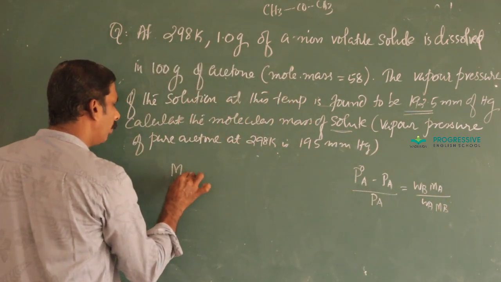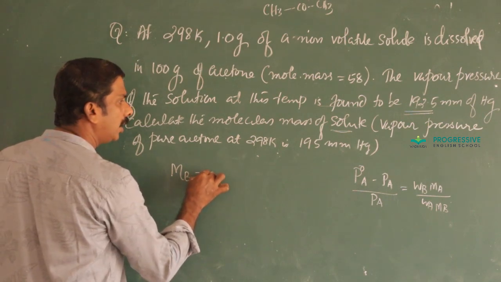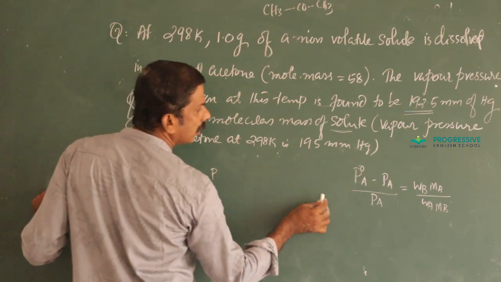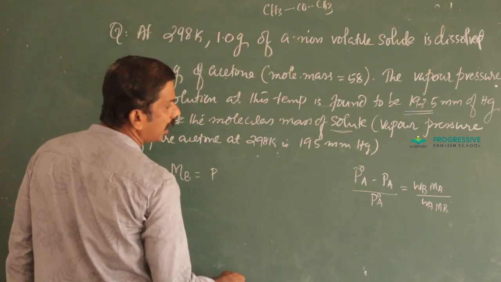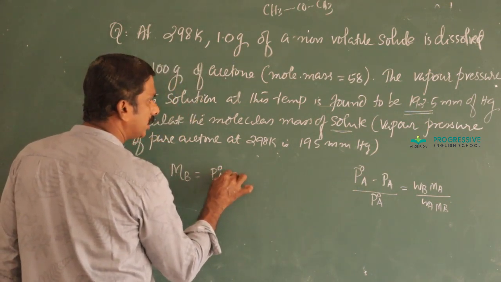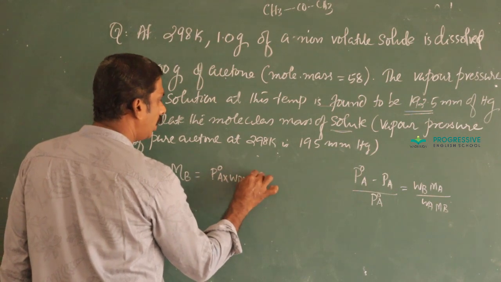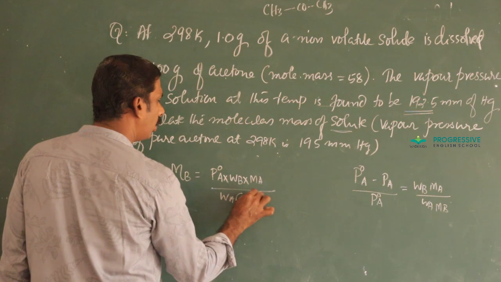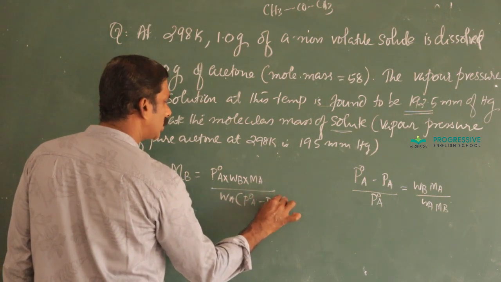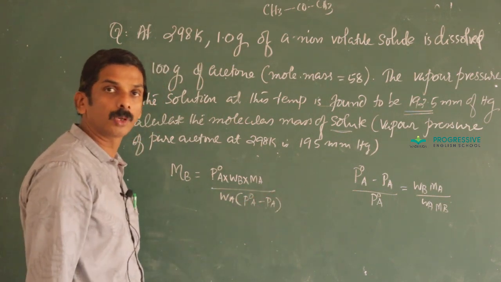From that, MB is to be calculated: MB equal to P0A WB MA divided by WA into P0A minus PA.